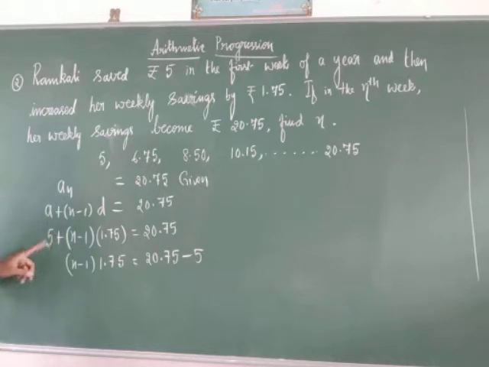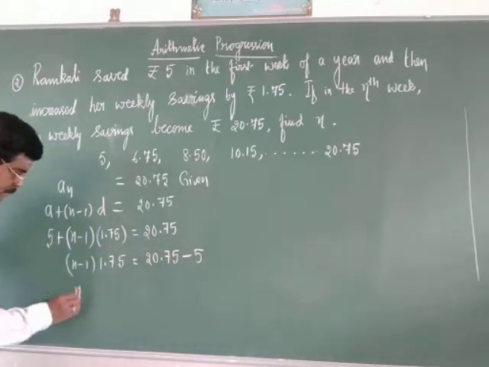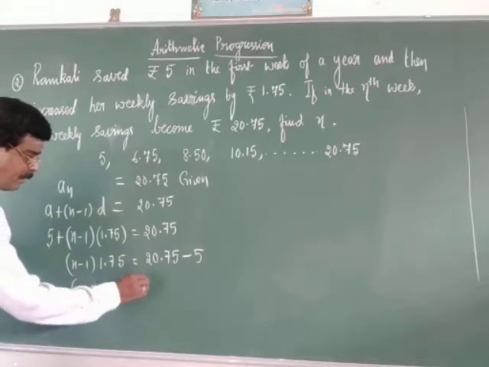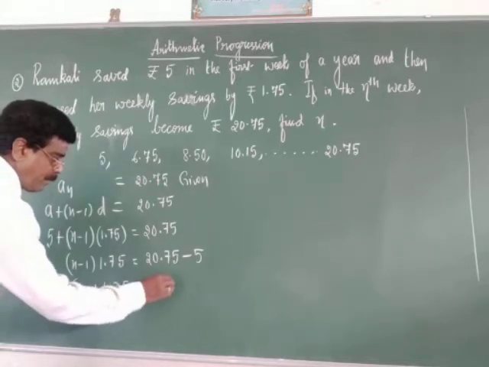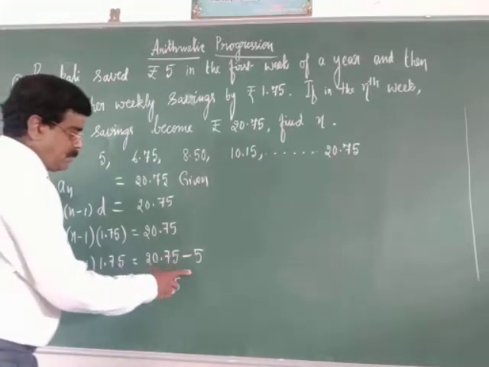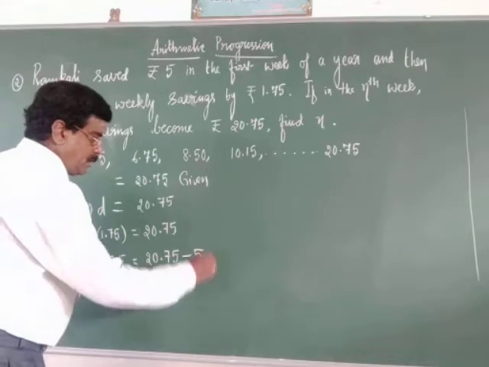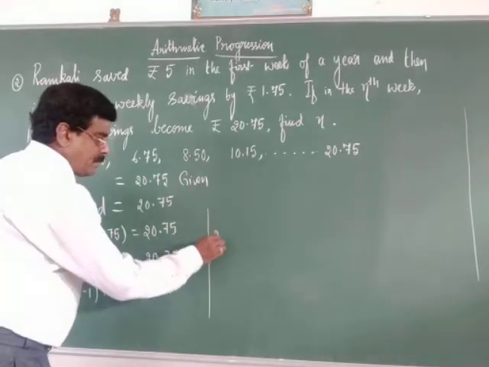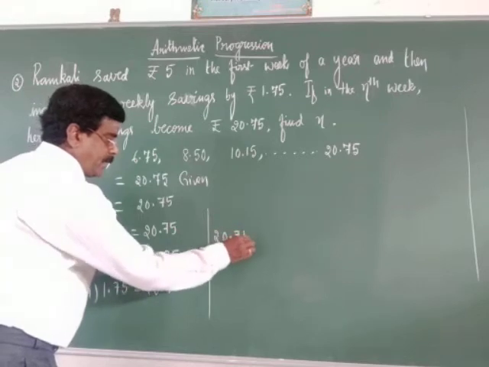See, the subtraction also must be done very carefully. That is (n minus 1) into 1.75 will be equal to 15.75. So this subtraction will show here. Learn how to do the subtraction. That is 20.75, write like this.